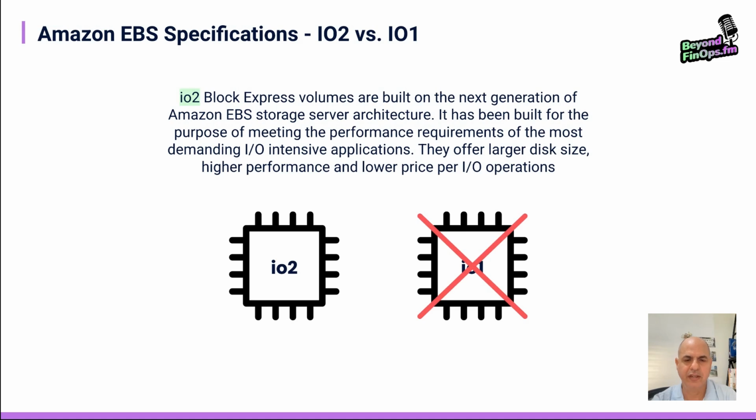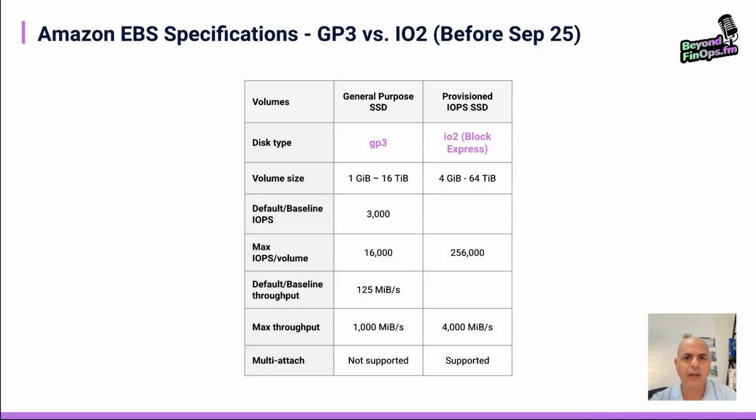If you are using such, let's switch to IO2, or let's wait a few steps in this episode, maybe we can switch to GP3 based on the recent changes AWS made. But if you're using IO1, really there is no reason to do so. So now we are left with GP3 and IO2 as our options for SSD volumes, yeah?